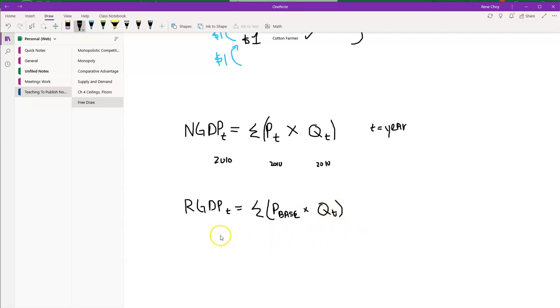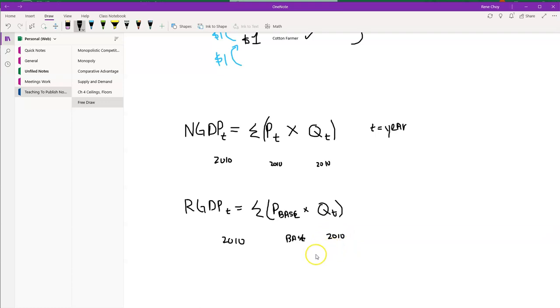So if we were to calculate real GDP for, say, the year 2010, we would use the prices on the base year and multiply those times the quantities in 2010.